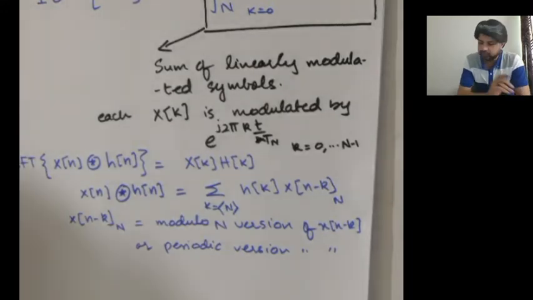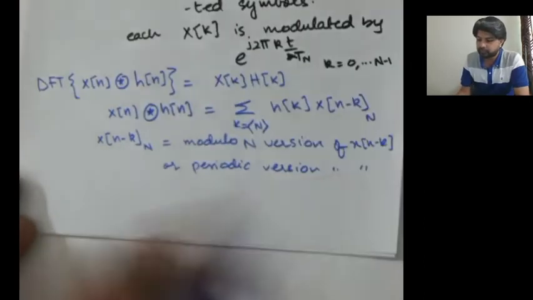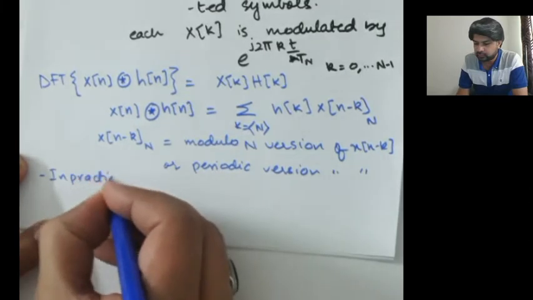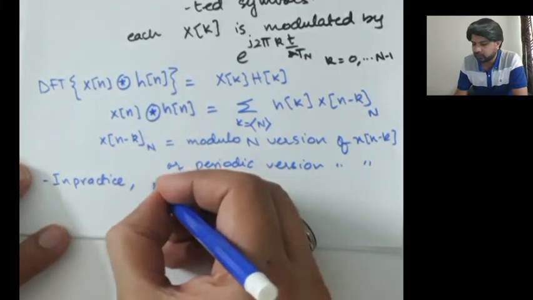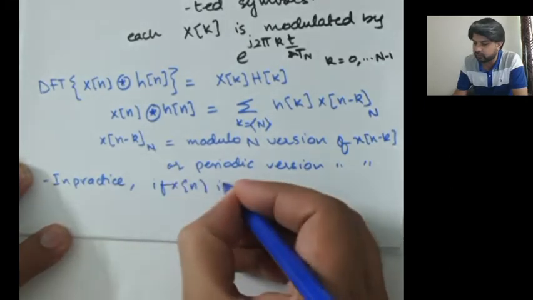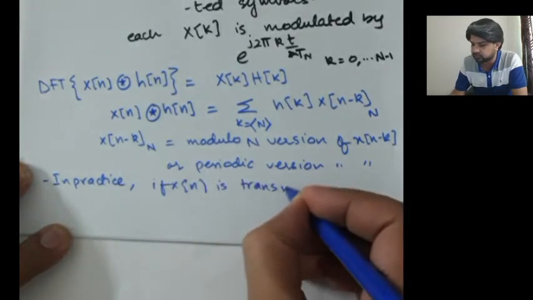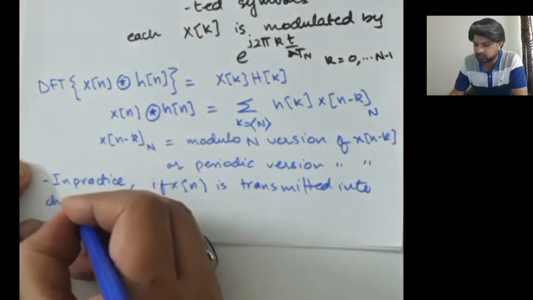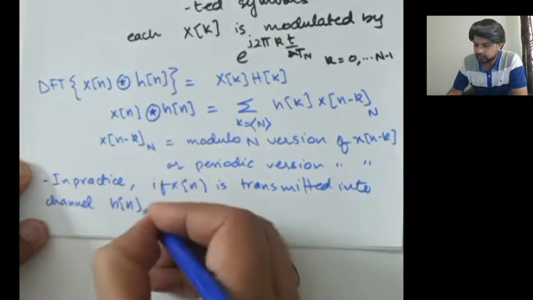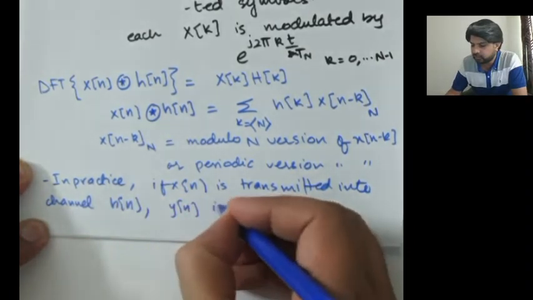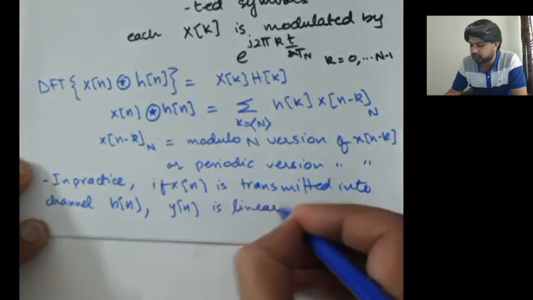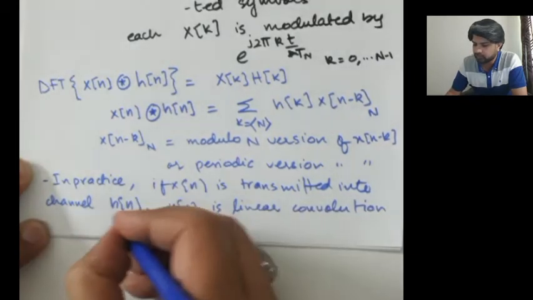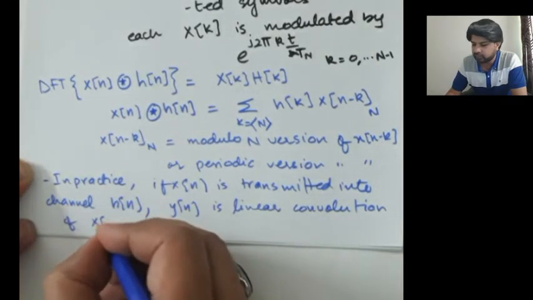But in reality, in practice, if a signal x of n is transmitted into the channel h of n, then y of n, which is the output of the channel, is a linear convolution, not the circular convolution, of x of n and h of n.